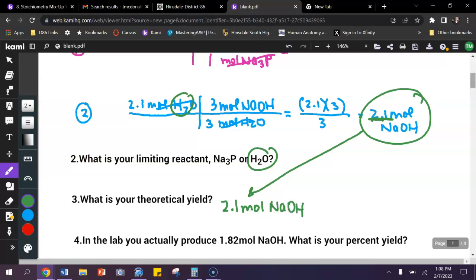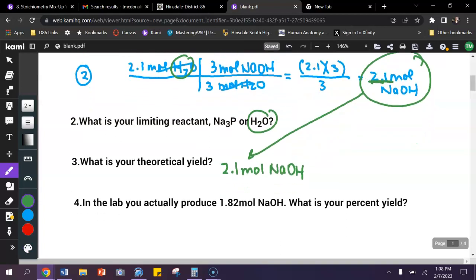Finally, for number 4, I'm giving you the actual yield. So the actual yield is what you actually produce in the lab. And I want to know what my percent yield is. Well, in order to find the percent yield, which is PY, I need to use the formula AY for actual yield divided by TY for theoretical yield times 100.